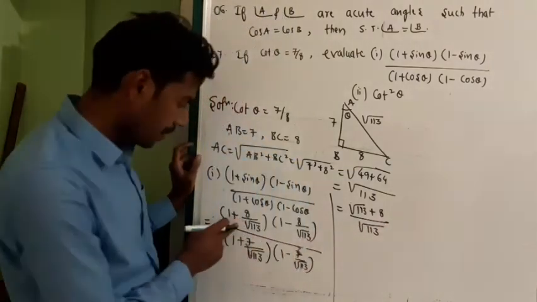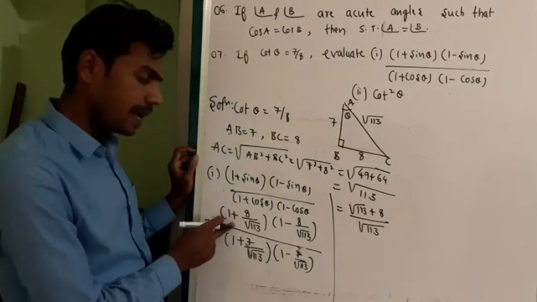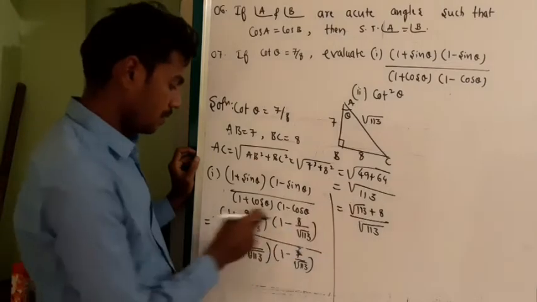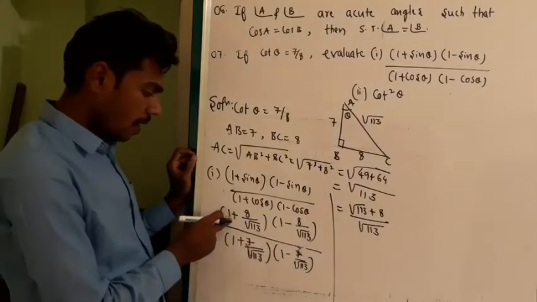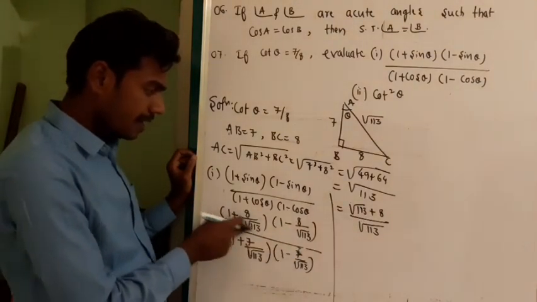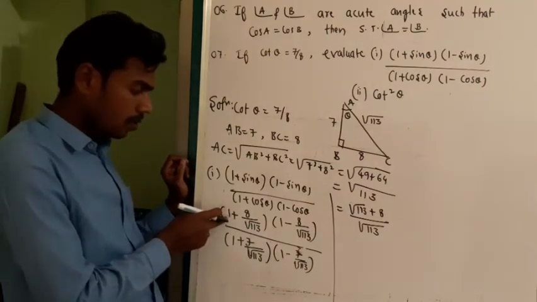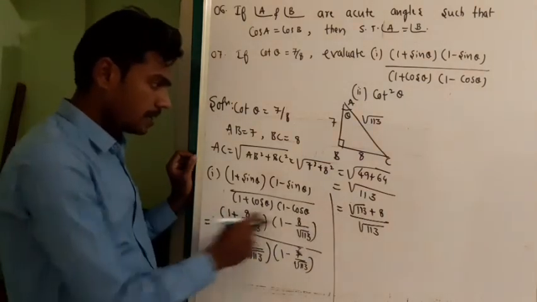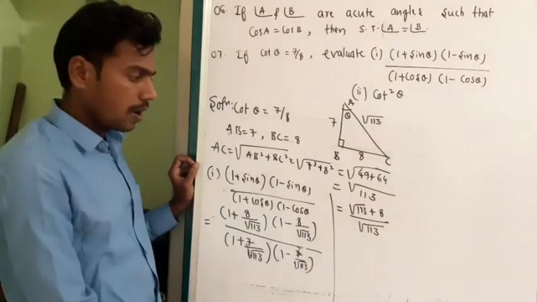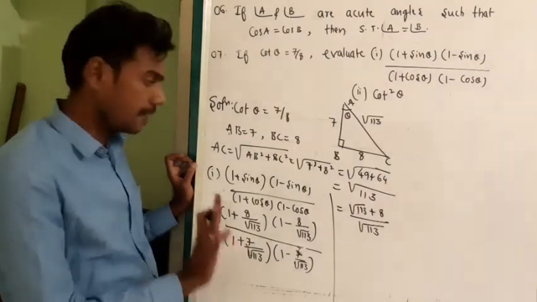Why? Because root of 113 will be the LCM. Once you take an LCM, here you will get root of 113 plus 8 divided by root of 113, that is basics of LCM.